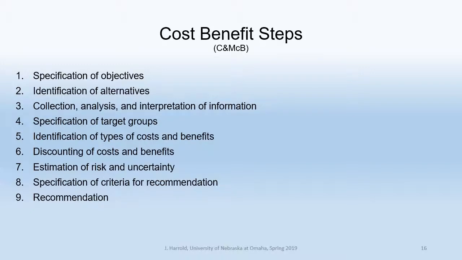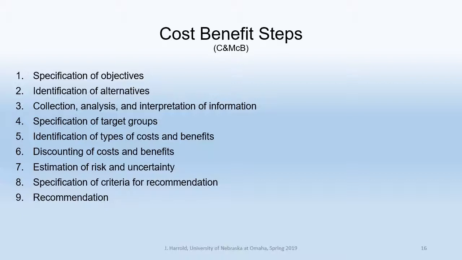In Clemens and Macbeth, they have these 9 steps, and they're really very similar. They just expand a few of the steps from Kraft, and they include the idea of coming up with a recommendation.